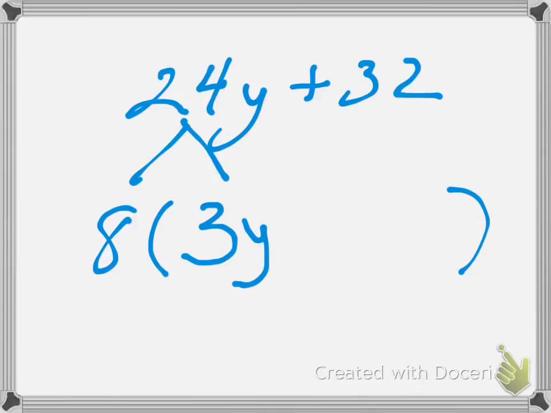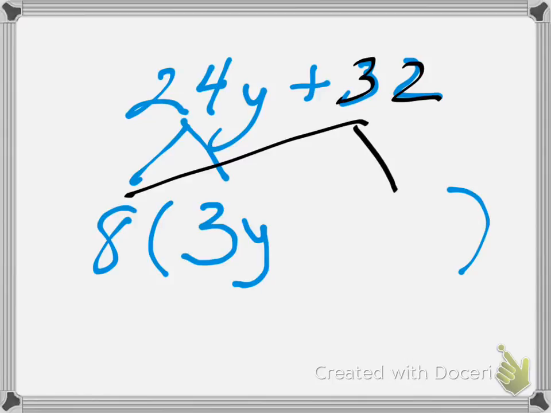Then we take 8 out of 32, and 32 is 8 times 4. And then our plus sign just drops into place. So the other factor is 3y plus 4.